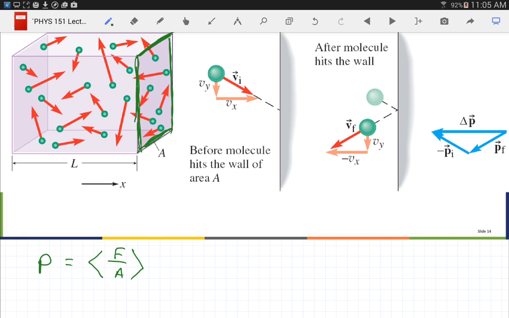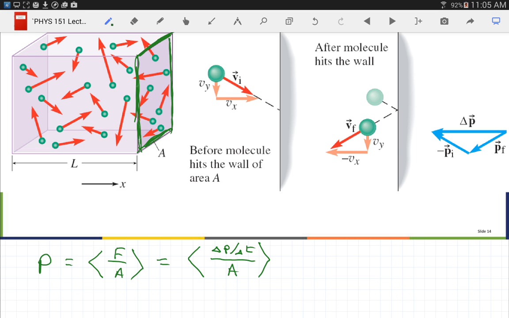Because I have a whole bunch of individual things hitting it, I have to look at the average to get my pressure. But then, of course, according to Newton's second law, each molecule has a delta P over delta T when it hits. And that's going to be the force. So I would have this.